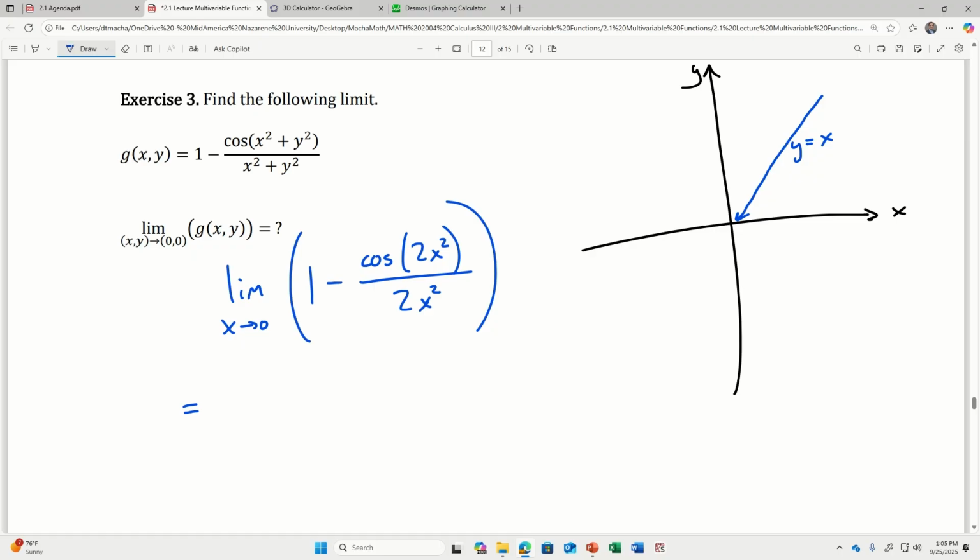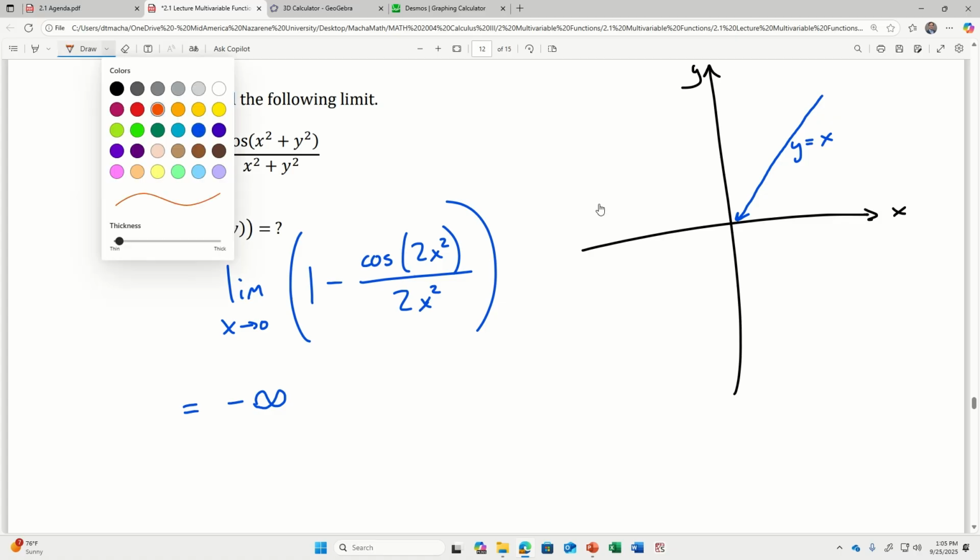So this part, the term with cosine divided by 2x squared, is going to approach positive infinity, right? Can we agree? And so if I've got 1 minus a term that's approaching positive infinity, then this limit would be negative infinity because of this minus sign.